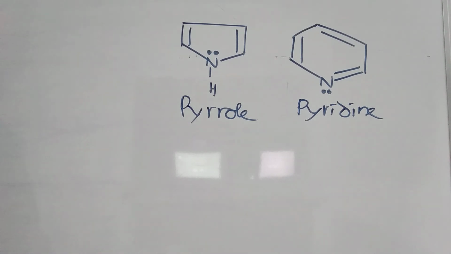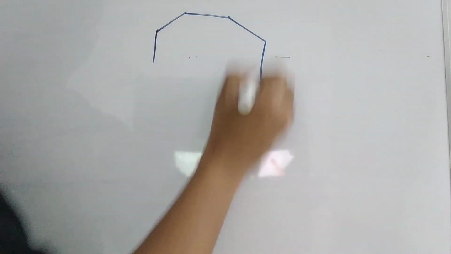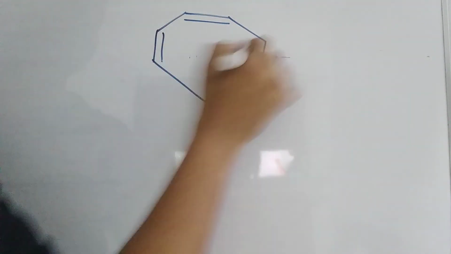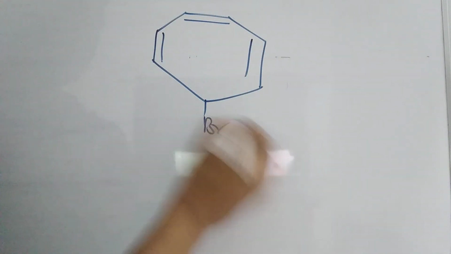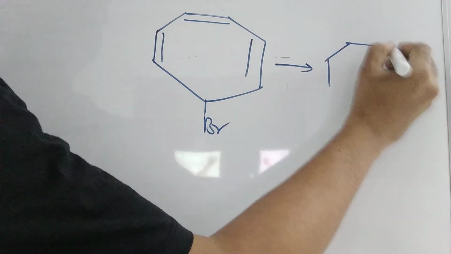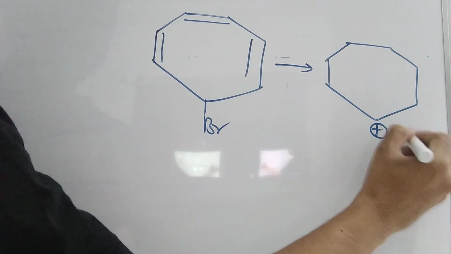Cycloheptatrienyl bromide exists as an ionic salt known as tropylium bromide. 1, 2, 3, 4, 5, 6, 7. 1, 2, 3. Same reason, same logic. Br minus.